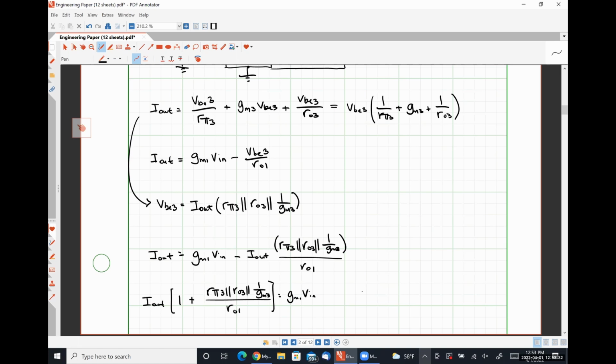And from this, capital GM is GM1 divided by 1 plus R pi 3 in parallel with R naught 3 in parallel with 1 over GM 3 divided by R naught 1.